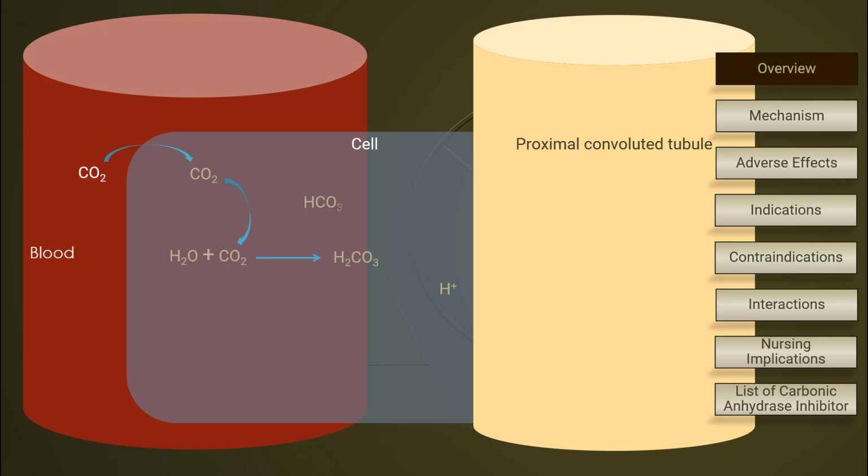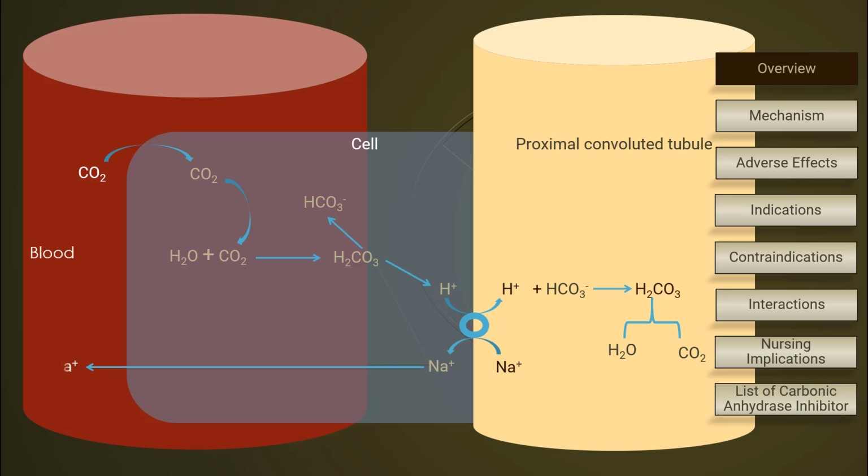The hydrogen and bicarbonate naturally ionize and are released from carbonic acid. At the apical membrane, in the urinary lumen, hydrogen combines with bicarbonate. Together, they form carbonic acid, which turns into water and carbon dioxide next. At the apical membrane, hydrogen is exchanged with sodium, which enters the cell and is eventually reabsorbed into the blood.